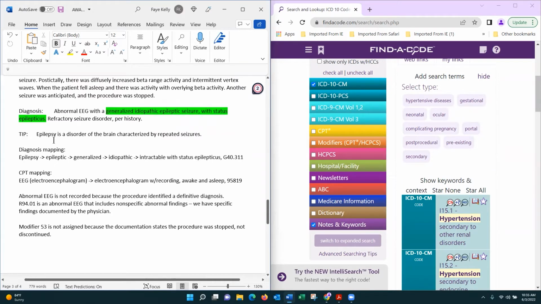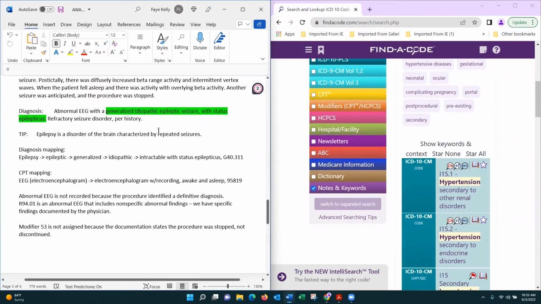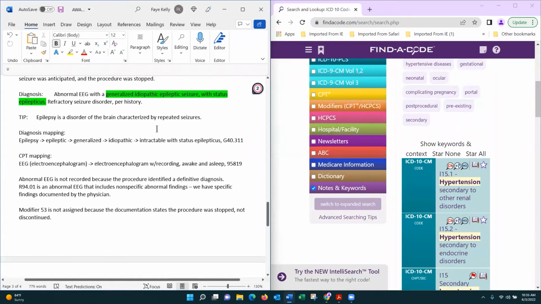I have here the tip. Epilepsy is a disorder of the brain characterized by repeated seizures. So it's important that you understand what epilepsy is when you're looking at this in the ICD-10 diagnosis coding, okay? Diagnosis mapping. I actually put this on here.